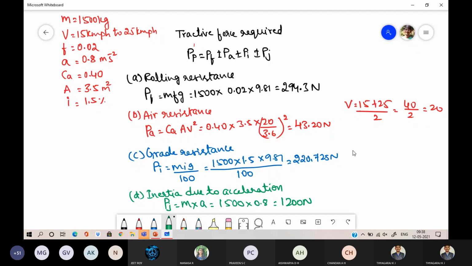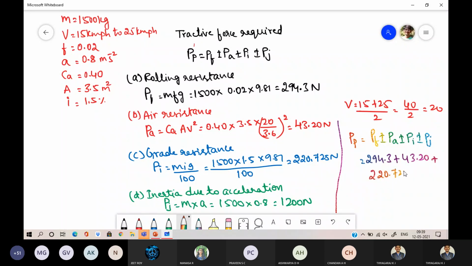After this, calculate PP. So I'll write here. PP is equal to PF plus or minus PA plus or minus PI plus or minus PJ. So PF is equal to 294.3 plus PA 43.20 plus 220.725 plus 1200.